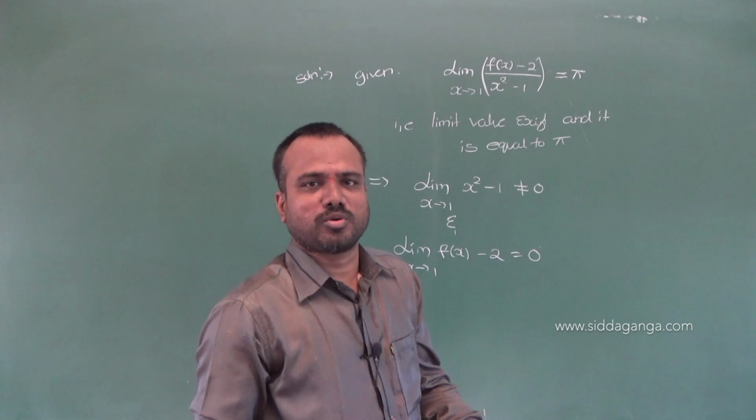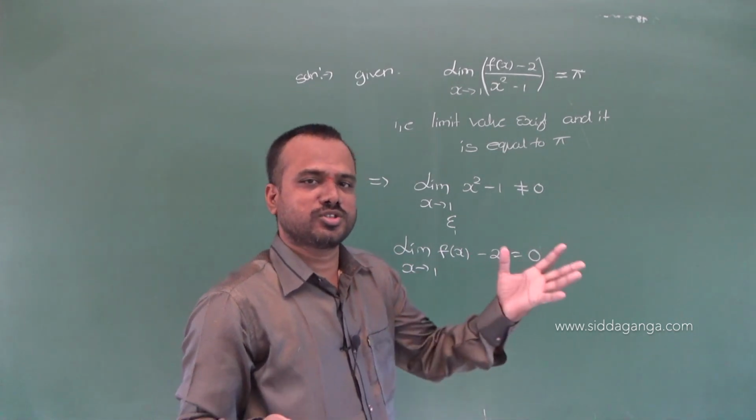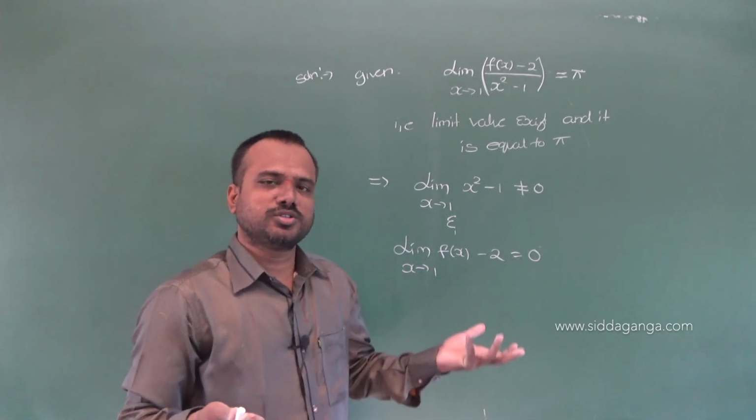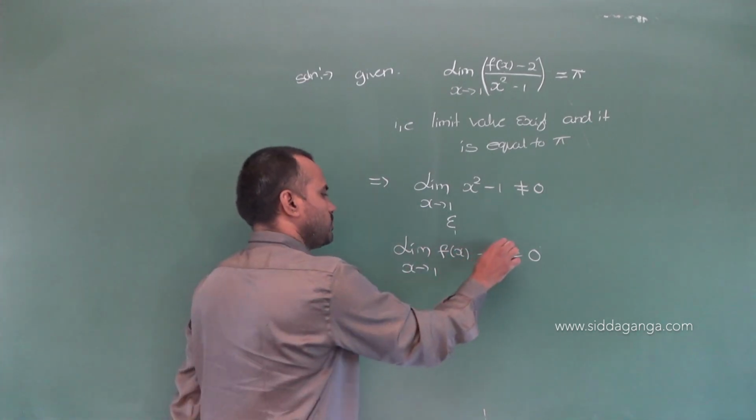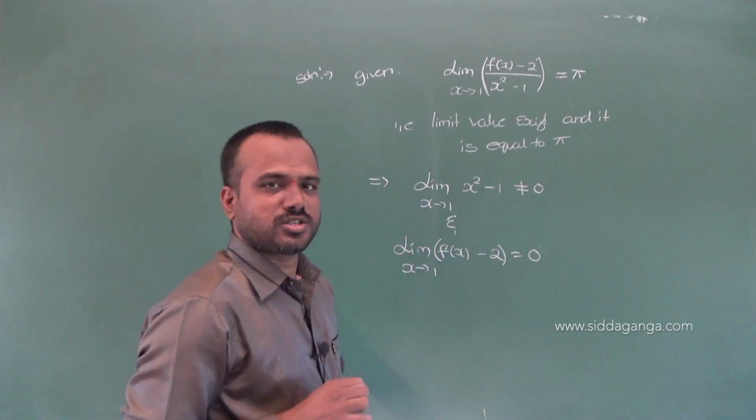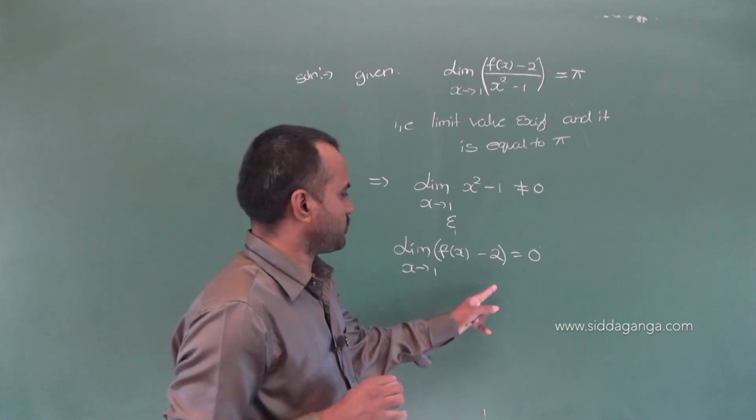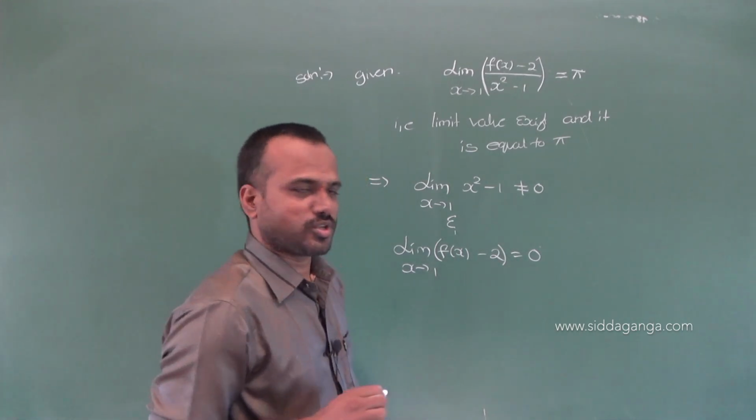Numerator 0, no problem. If it is 0, 0 by anything is 0, a finite value. So the limit as x tends to 1 of f of x minus 2 is equal to 0.